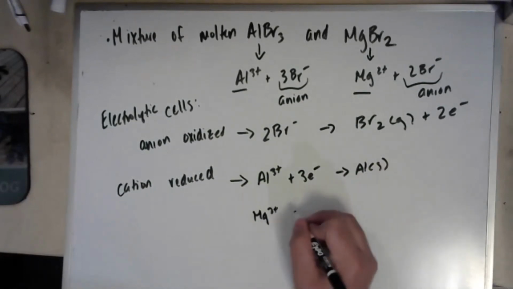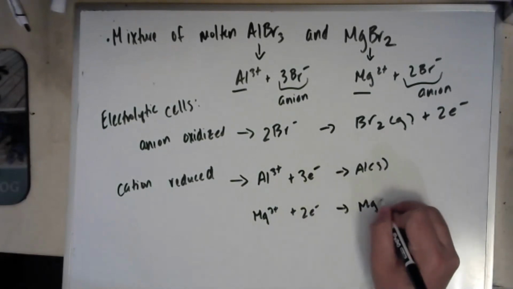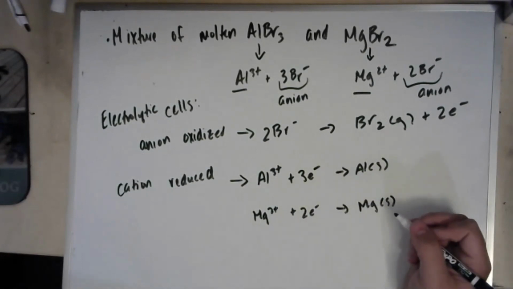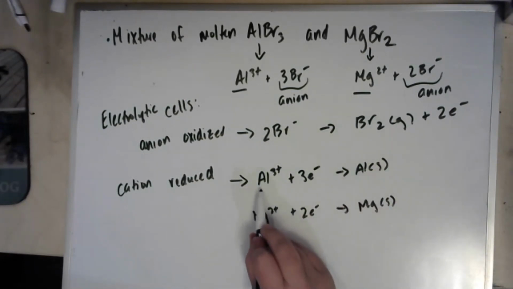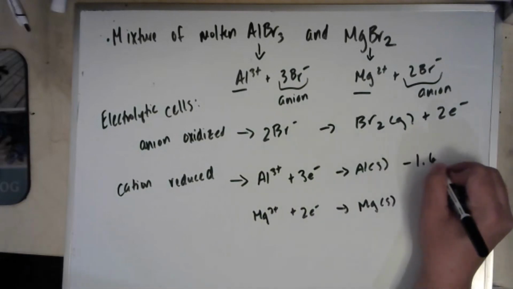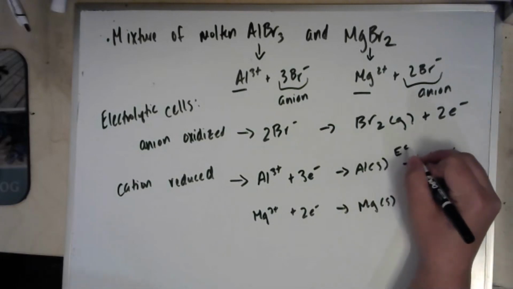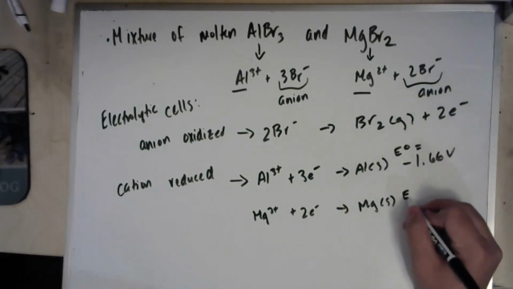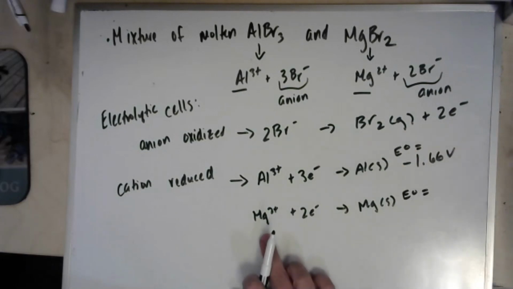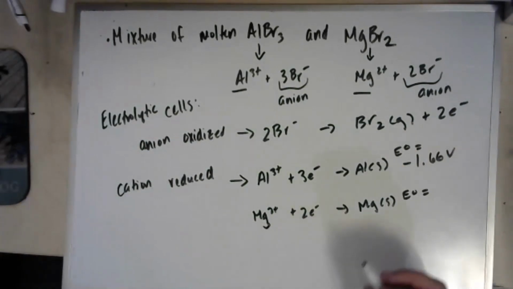The magnesium is going to have to gain 2 electrons to become magnesium solid. If we look up the reduction potential values on our table, the one for aluminum is -1.66 volts, and magnesium's is -2.37 volts.